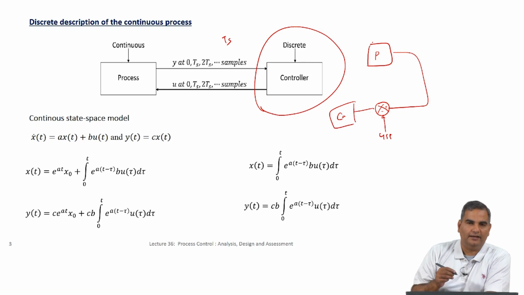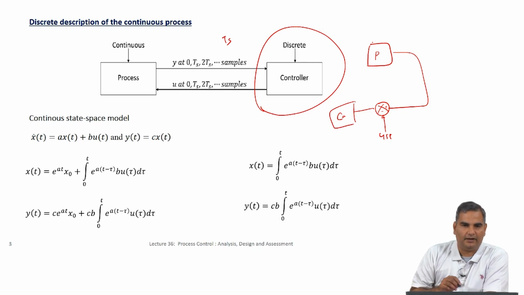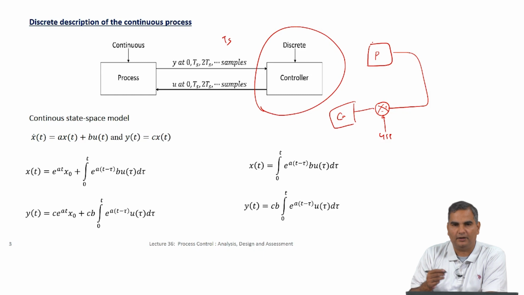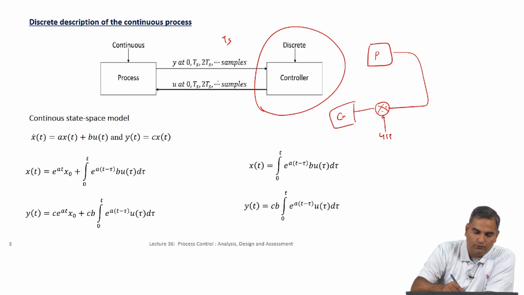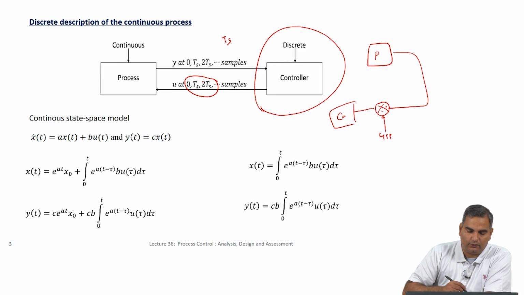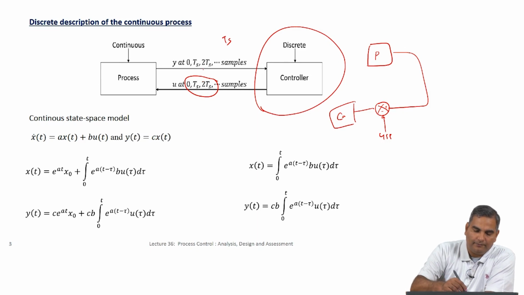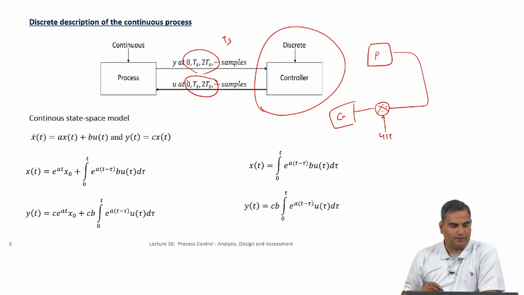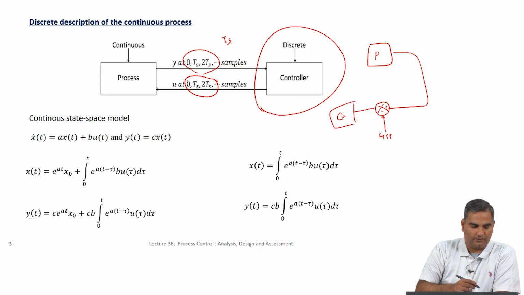So, if I was sitting at k, I will make a control move at k, then k plus 1, k plus 2 all the way up to k plus m minus 1. So, the control moves are also made at those sampling times, and the measurements also come in at the sampling times.